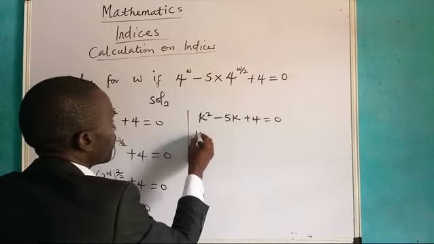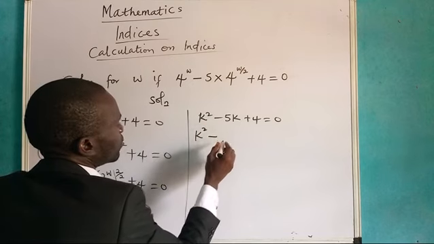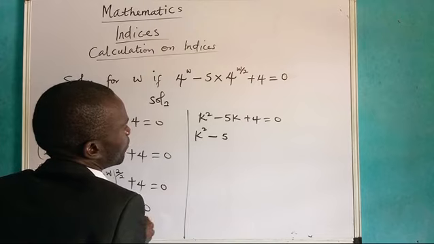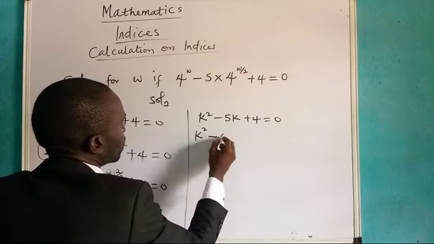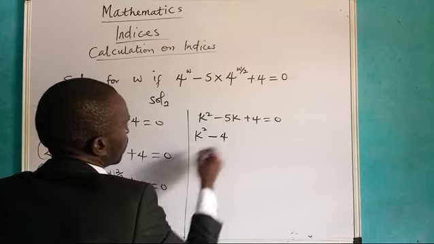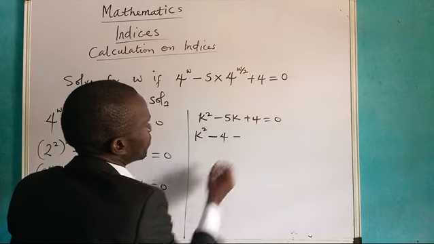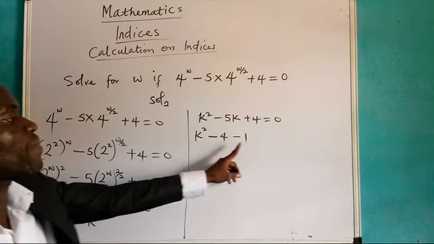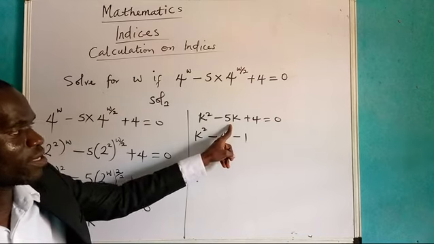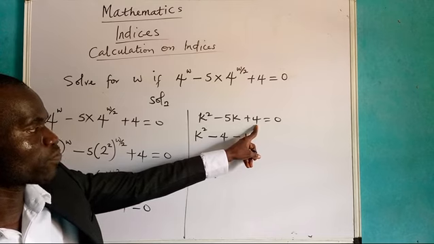I simply have minus 4 and minus 1. Minus 4 minus 1 will give me the coefficient of k, and when I multiply these same 2 numbers, I will have plus 4.